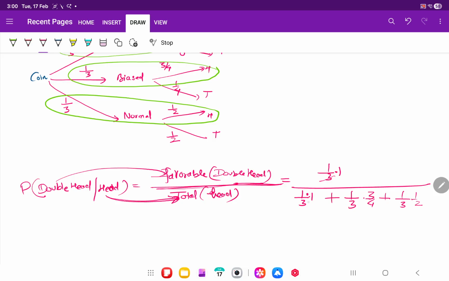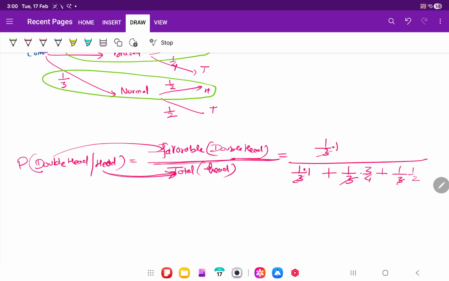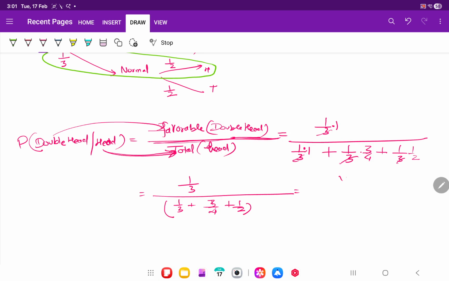So I think 1 by 3 and 1 by 3 cancel. So if I add, it is 1 by (1 + 3 by 4 + 1 by 2). If you simplify, I think 12 is the LCM.